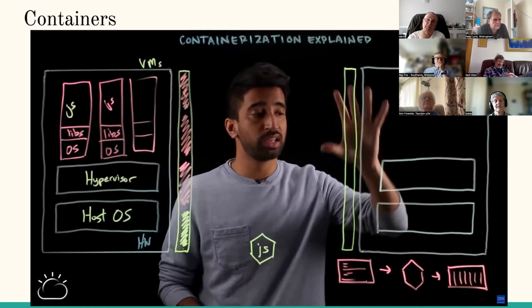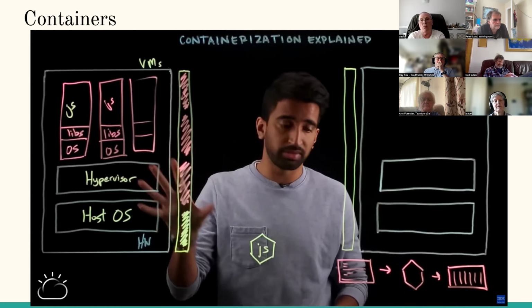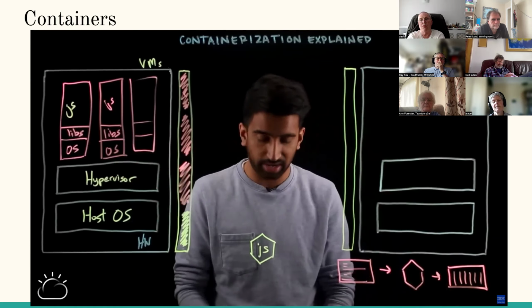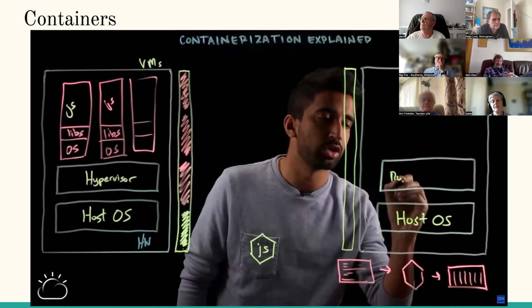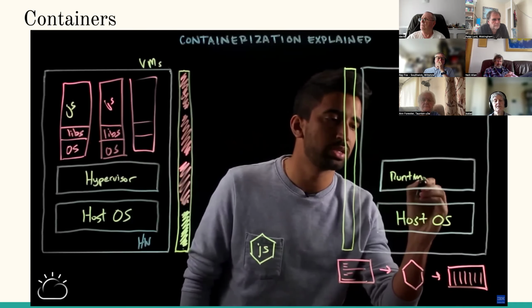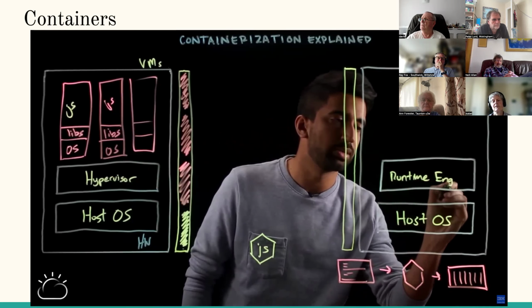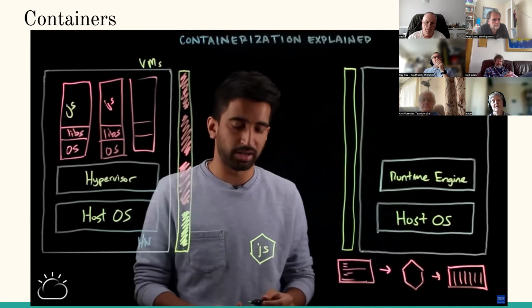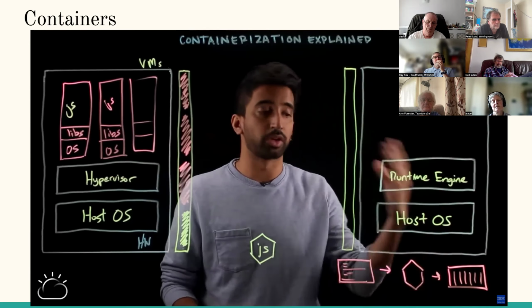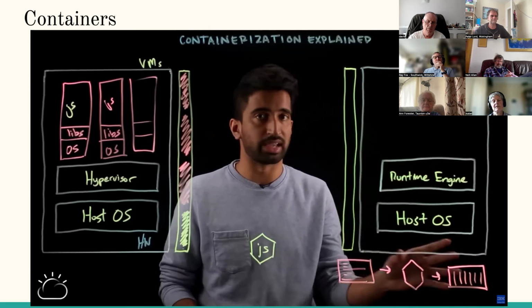That application runs on a very similar setup to the VMs, but on this side we've got, again, a host operating system. The difference is that instead of a hypervisor, we're going to have something like a runtime engine. If you're using Docker, this would be the Docker engine. Different containerization technologies would have a different engine, but regardless, it's something that runs those containers.